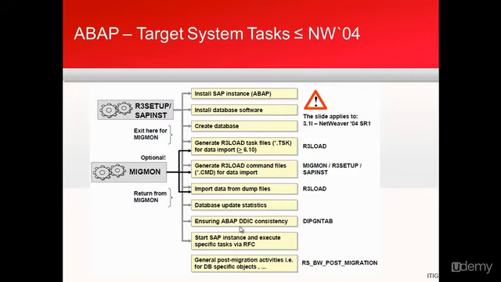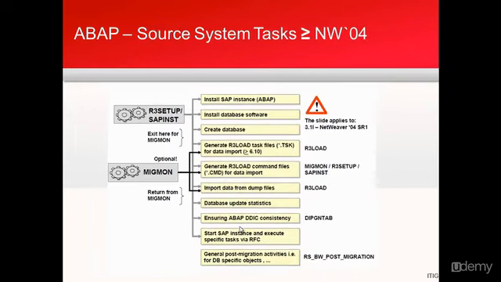And lastly, the report RS_BW_POST_MIGRATION is called as one of the post migration activities which are required to bring the system to a proper state. So these are pretty much the activities for systems lower than NetWeaver 2004.